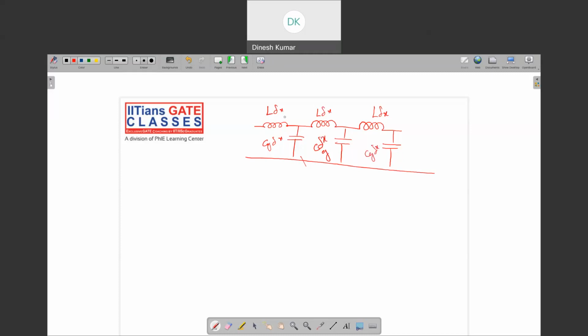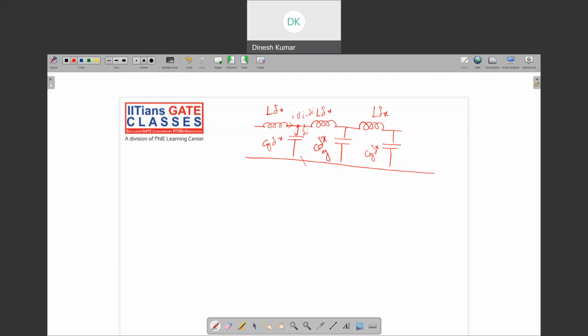Okay, so now we can take a current like this, I, then it will be I minus delta I, because delta I current is actually flowing here. Assume that this is something like V.